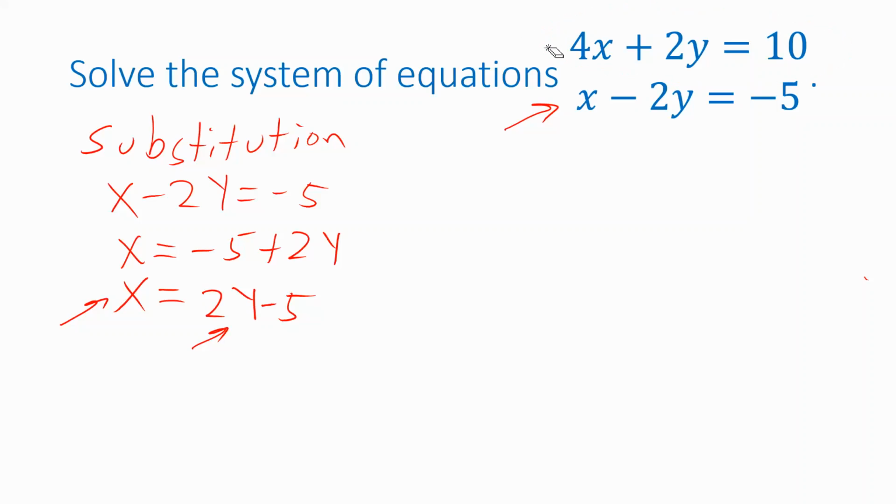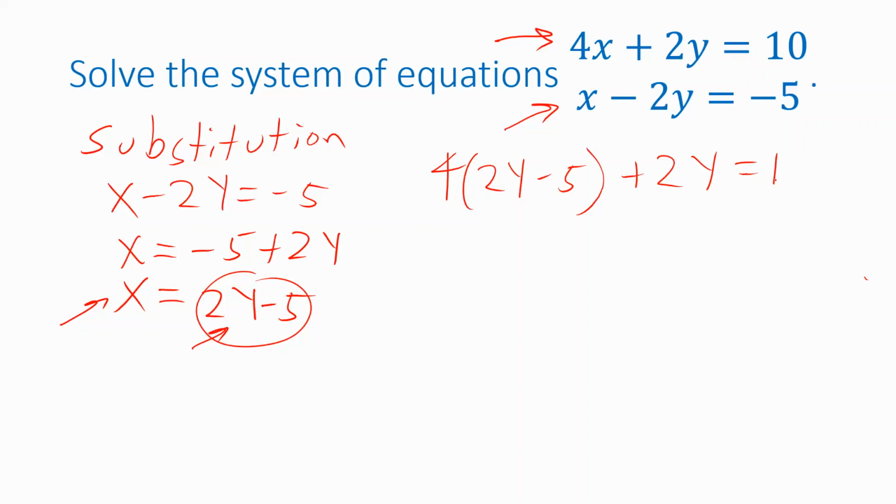So I can replace the x's I see in the first equation with this expression 2y minus 5. Let's see what happens when we do that. So I have 4 times x, but instead of writing the x, I'm substituting 2y minus 5 in place of that x. And I'm leaving the rest of the equation as it was.